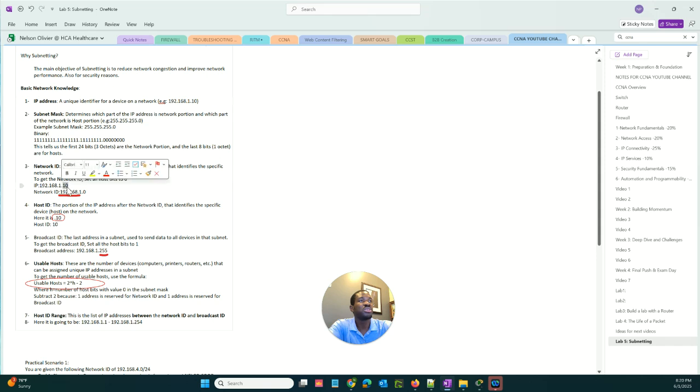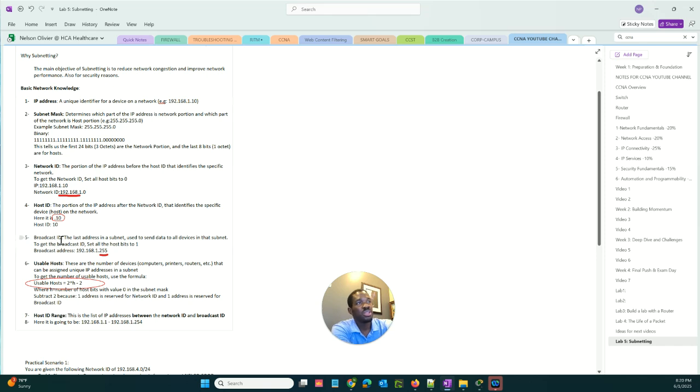We need to set all of this to 0, and when that's done, this entire number is what we refer to as the network ID. So the network ID is from here, 192 to 1. The host ID, on the other hand, is the portion of the IP address after the network ID. So after this, it's our host ID. That's it.